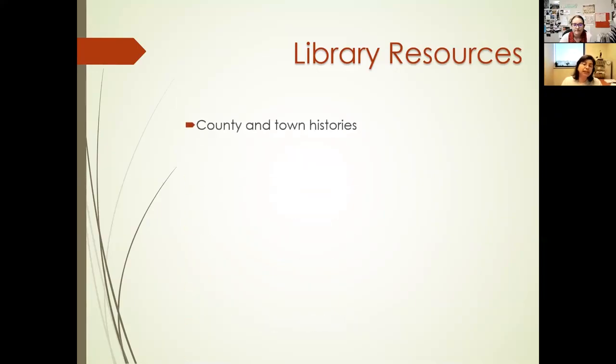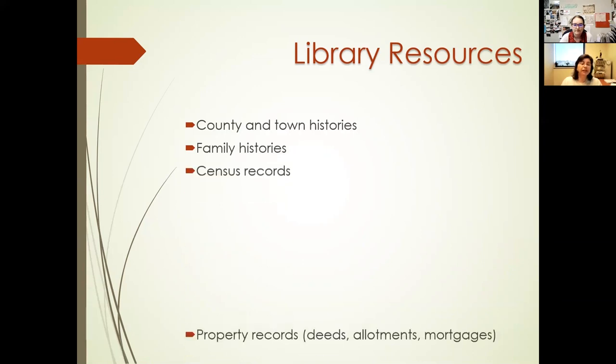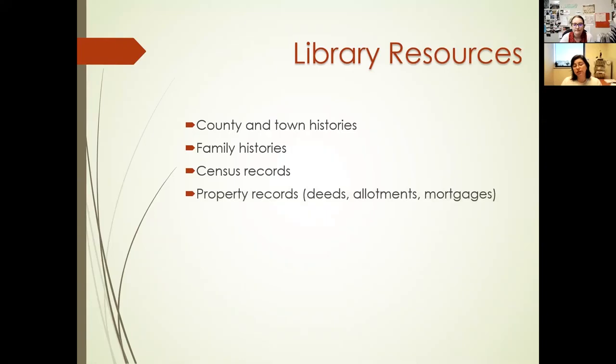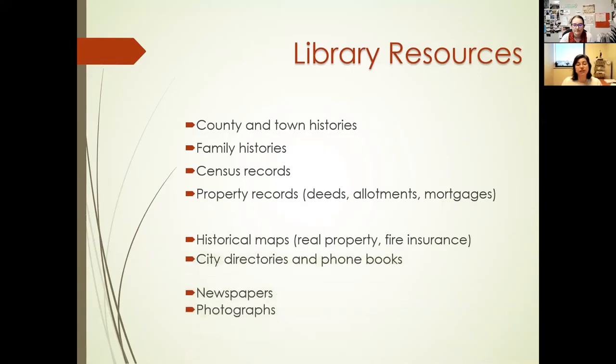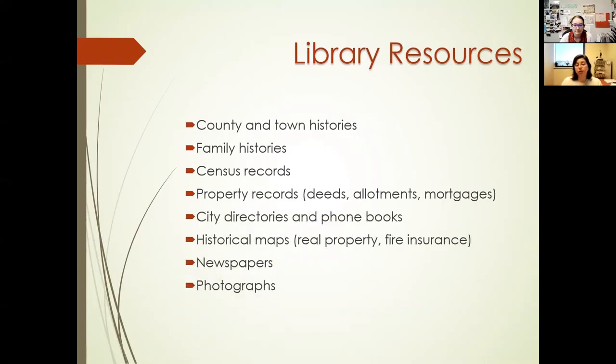County and town histories, family histories, census records, property records, including deeds, allotments, mortgages, historical maps, especially real property, fire insurance, city directories and phone books, historical newspapers, and historical photographs. All of these resources we have available here in the research center, and they are for all the counties in Oklahoma and also some of the states around Oklahoma.